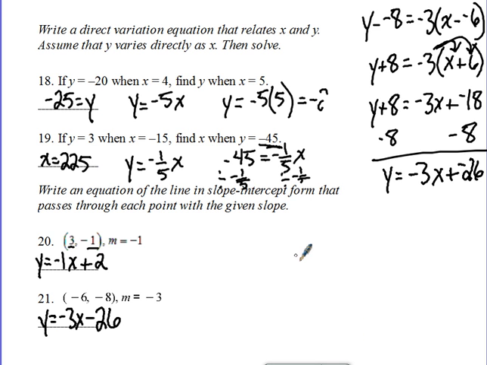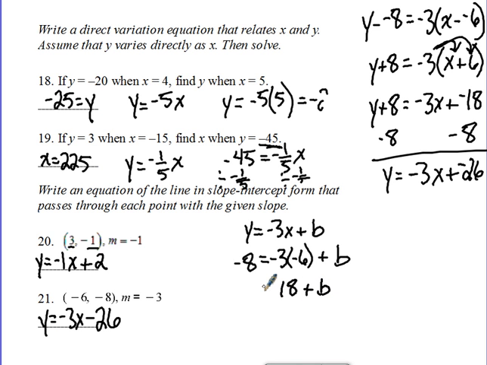We could have solved it the other method, y equals mx plus b, y equals negative 3x plus b, and to find our b, we plug in our coordinates for x and y. x is negative 6, negative 3 times negative 6, plus b had to equal negative 8. Negative 3 times negative 6 is positive 18. 18 plus b equals negative 8.